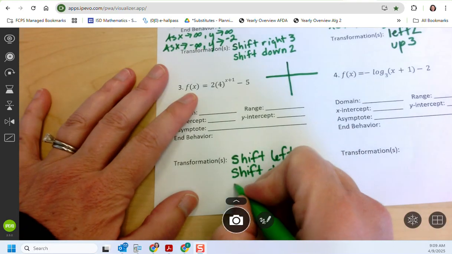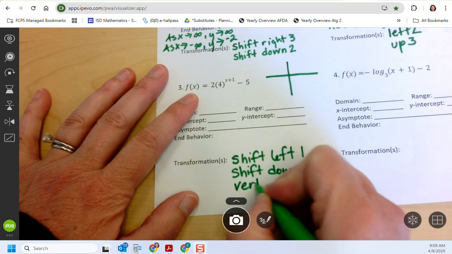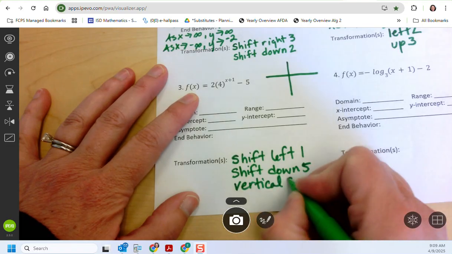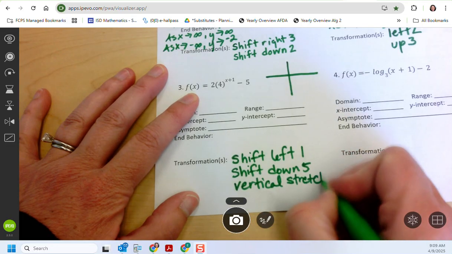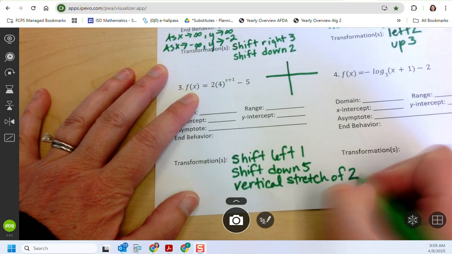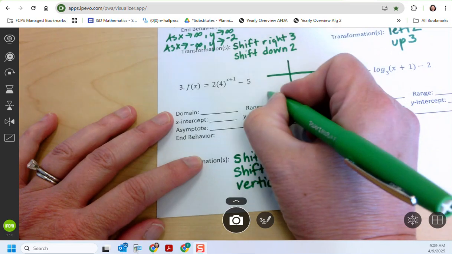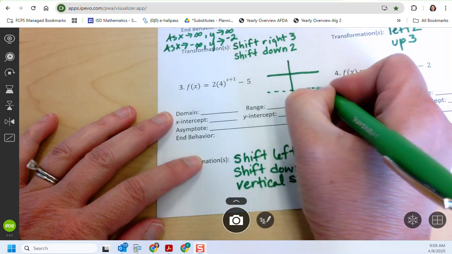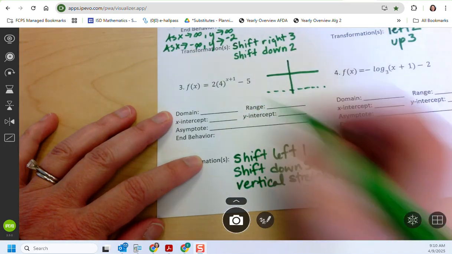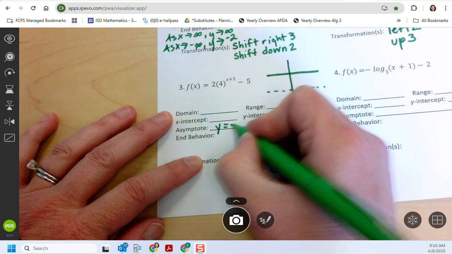So vertical stretch of 2. The shift down 5 will shift your asymptote down 5, so it's going to be y equals -5.